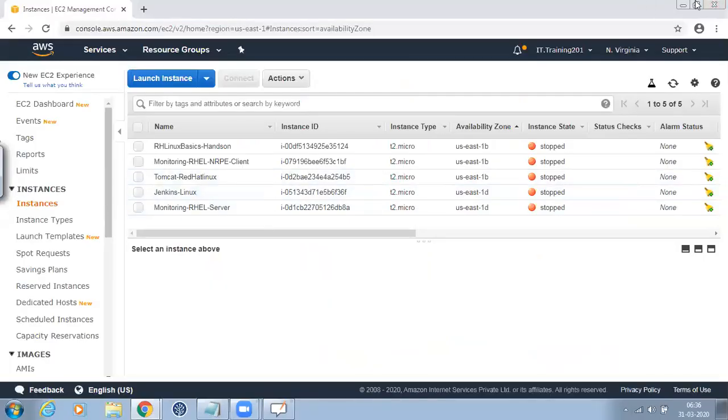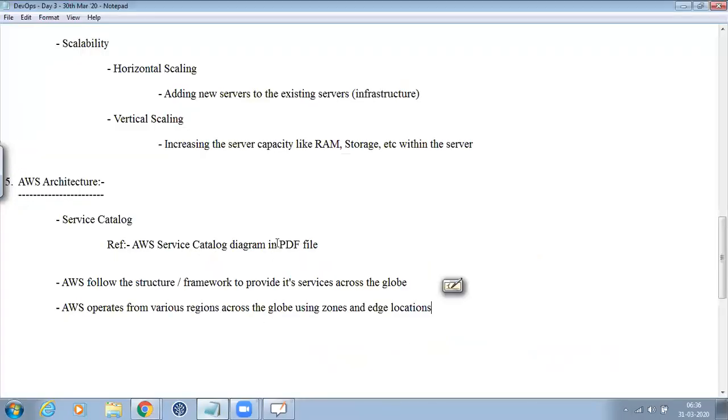Okay, now this is about the edge location. Now, a minimum of two availability zones in one region.